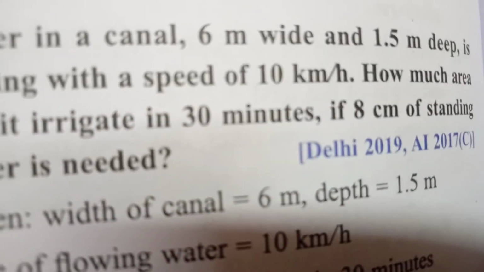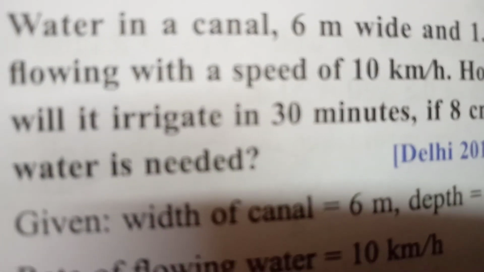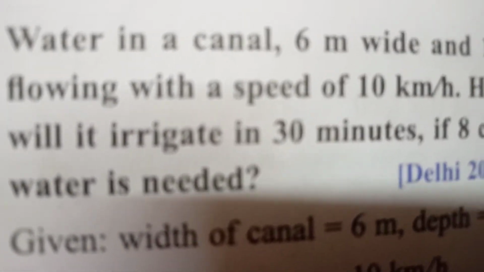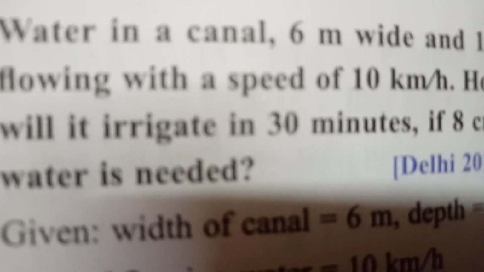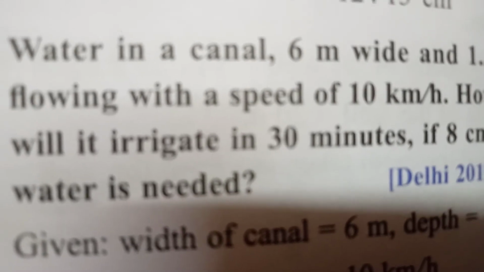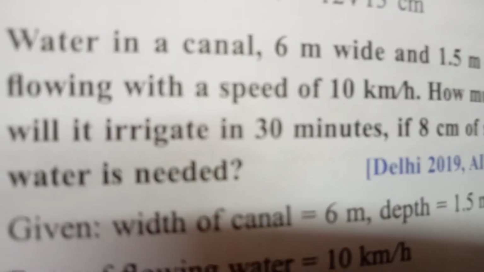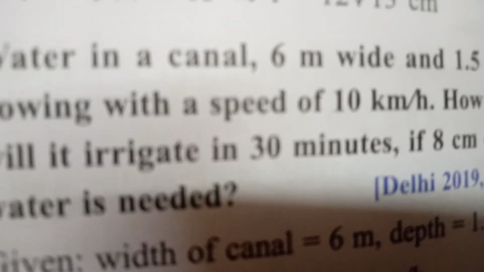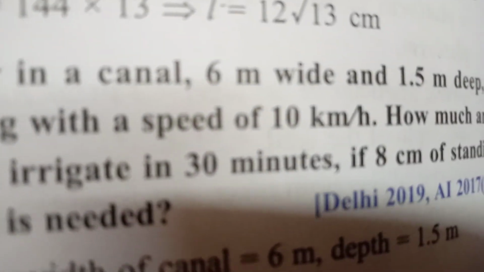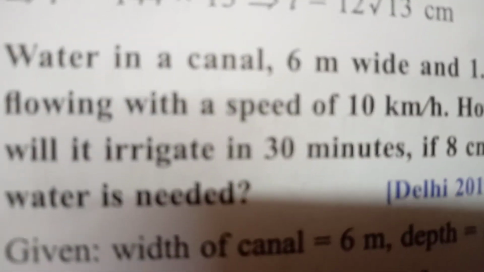How much area will it irrigate in 30 minutes if 8 centimeters of standing water is needed? Once again, water in a canal 6 meters wide and 1.5 meters deep is flowing with the speed of 10 kilometer per hour. How much area will it irrigate in 30 minutes if 8 centimeter standing water is needed?